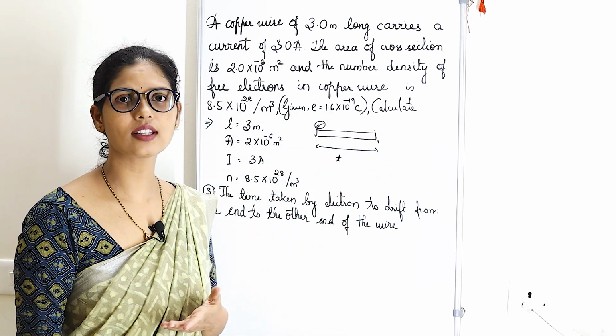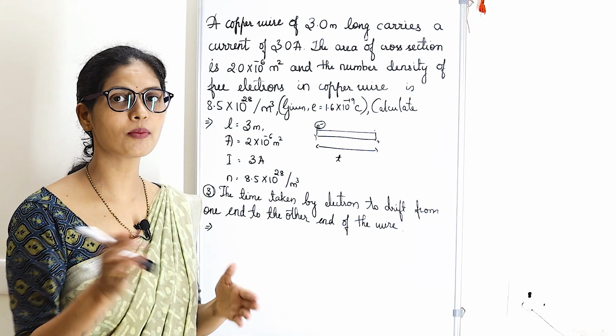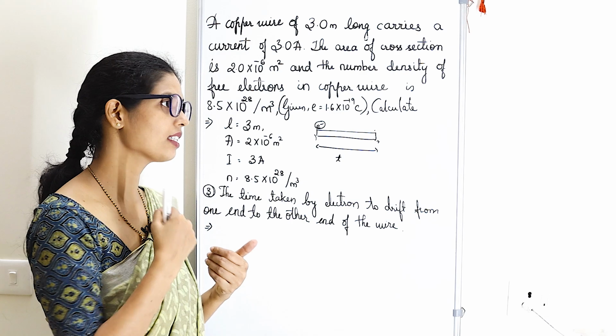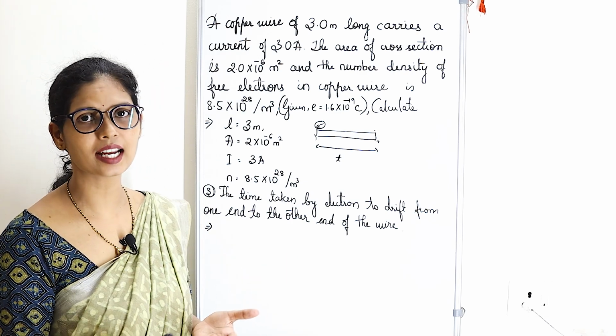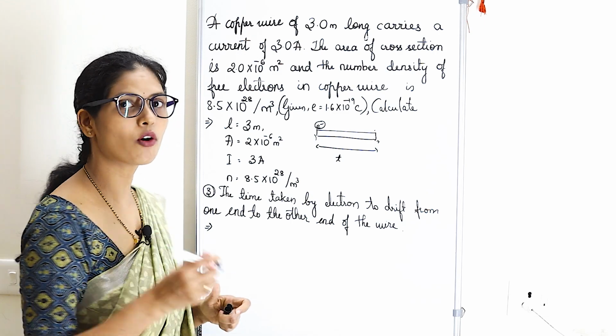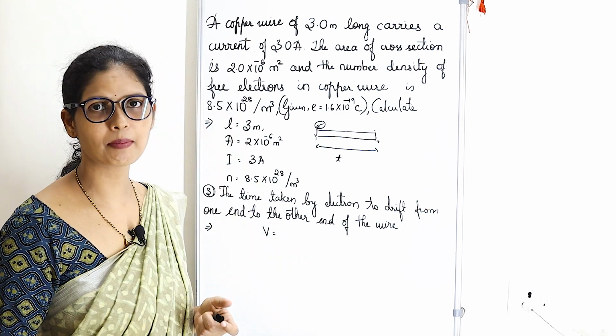Here you have already got the value for drift velocity. You know the formula for velocity from your last class, when you were in first PU, you have already learnt about velocity, time, displacement. So what is the formula for velocity? Velocity is displacement divided by time taken.